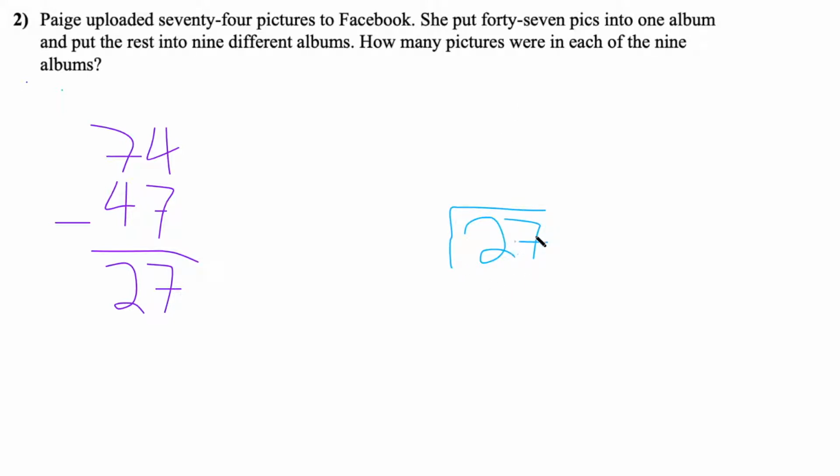So we're going to do 27 total pictures divided by 9 different albums. And we know that 27 divided by 9 is 3. So she's going to have 3 photos in each of her 9 albums. So that is your final answer.